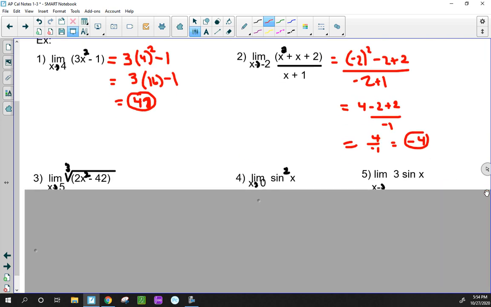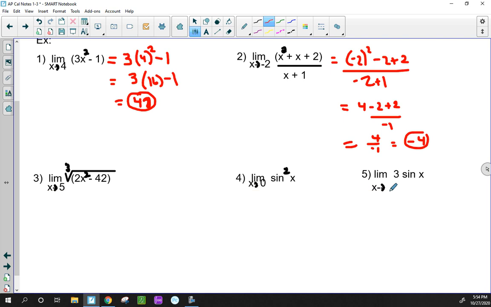Alright, moving on. Number 3 is the limit of a cube root of 2x squared minus 42, and we're trying to find it as x approaches 5. And so we're going to substitute in and see if we can find a defined answer.